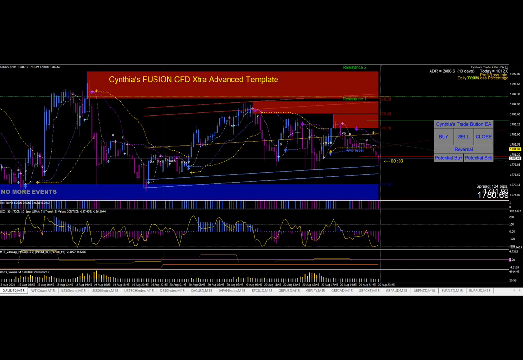Okay, traders, I have my profile loaded, which is my extra advanced favorite currency pairs and CFDs all in one profile. So this is what I load every time I sit down to trade, because this way I can keep an eye on each of these trading instruments.